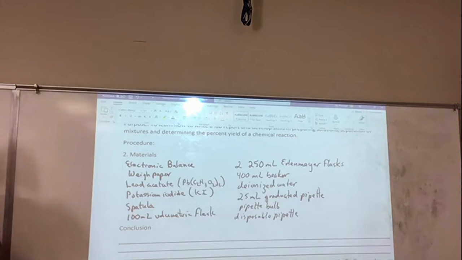And what else do we need? Funnel and the filter paper. Okay. Funnel, and filter paper. We also use an oven too, right? We should have used the oven, or we would have if we'd had time, but we just let it air dry.